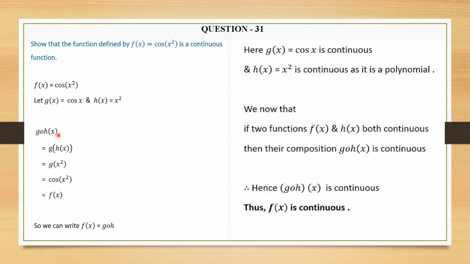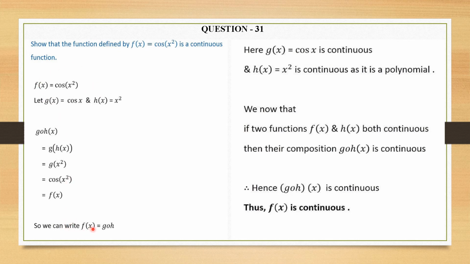So what is (g o h)(x)? It is g(h(x)). I'll just check whether it is the composition of these two functions. This is a mandatory part to be proved before checking the continuity of such functions. g of h(x), okay, by the definition of composite functions. So g of h(x) means g of x square, and I'll put x square in this g(x) and I'll get it as cos x square, which is again your f(x).